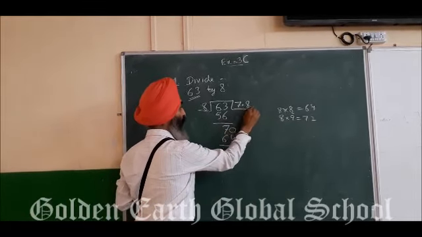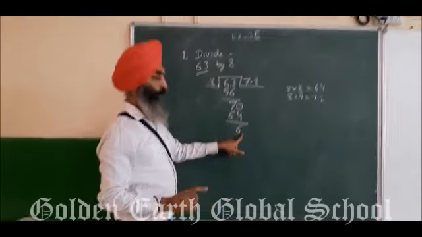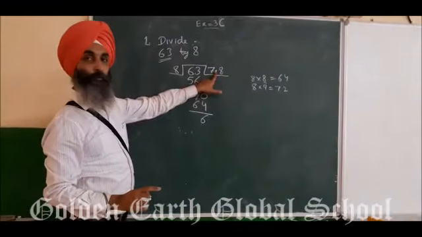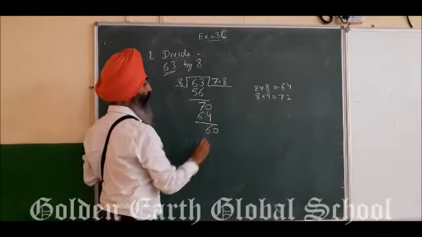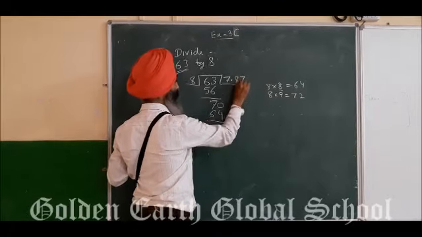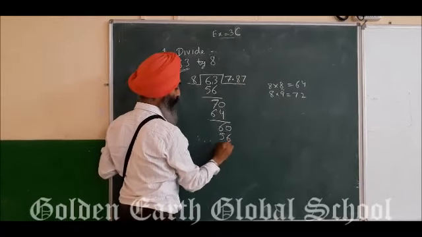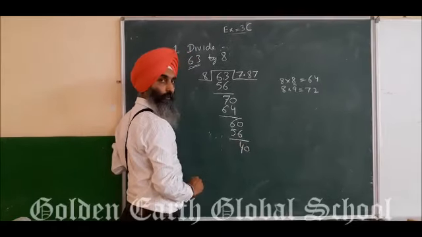Now after this, you need not put the decimal again. You can put 0 because we have put the decimal once. So put 0 here. 60 again. So it is going in the table of 7. 56. 4 is the remainder. Now make it 40.